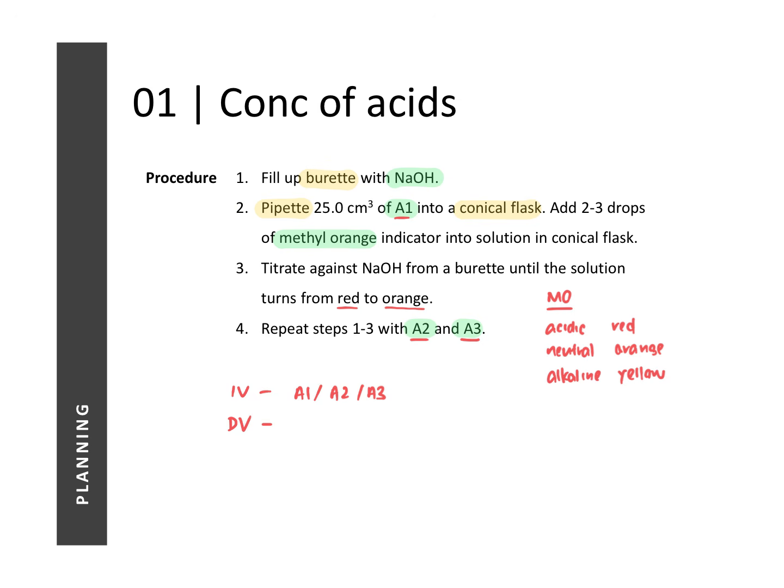We are measuring the volume of NaOH. Maybe we can improve upon this procedure by including that we record the volume of NaOH needed. So it's very clear that the dependent variable is your volume of NaOH.